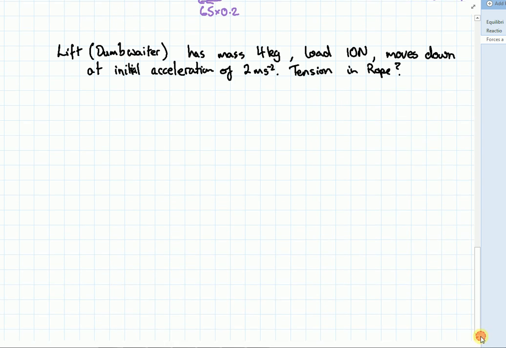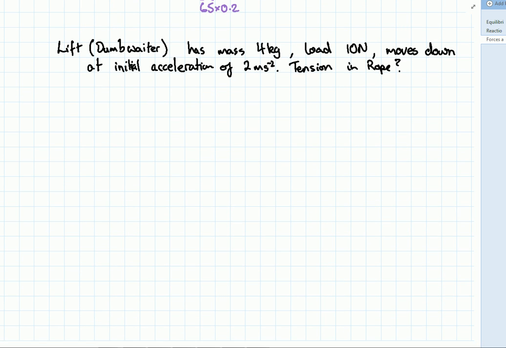So we need to draw the diagram. There's my lift. The lift itself has 4 kilograms, so the mass is 4 kg, so 4g is the weight. It's also got an additional load from inside it of 10 newtons.